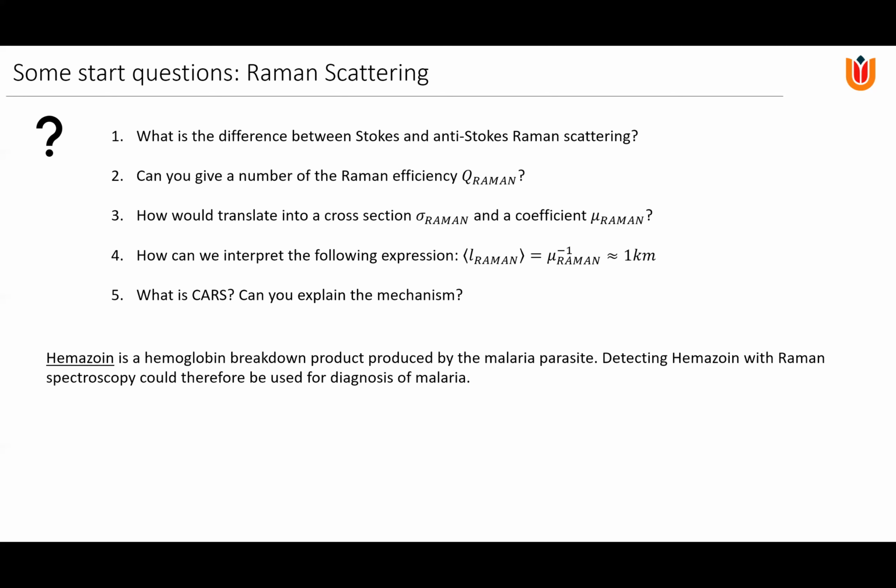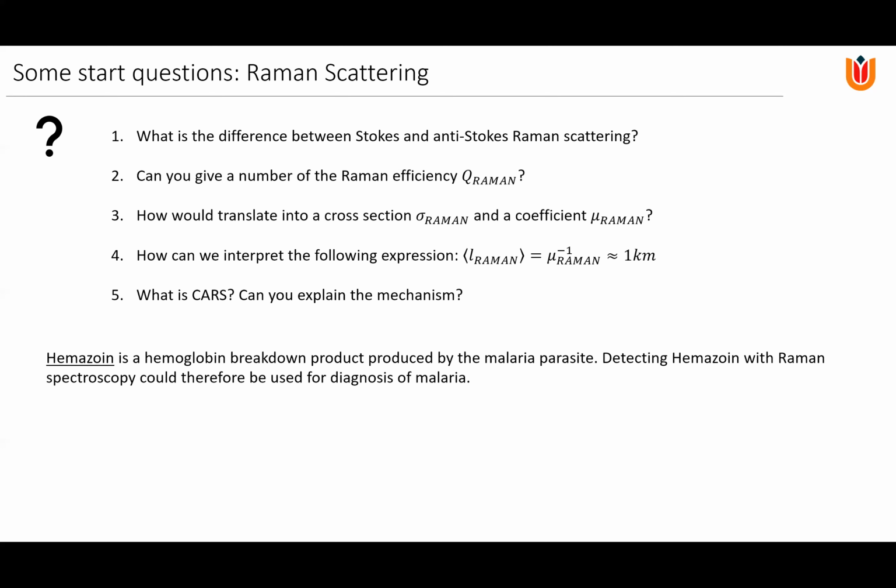What happens if a person gets infected with a malaria parasite is that the hemoglobin, the oxygen carrying protein in the blood, is being converted into hemozoin. One way of diagnosing malaria is to actually probe this hemozoin molecule.